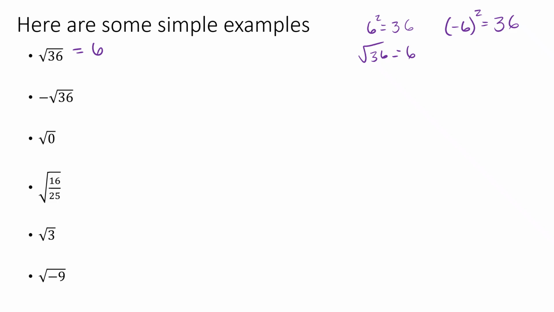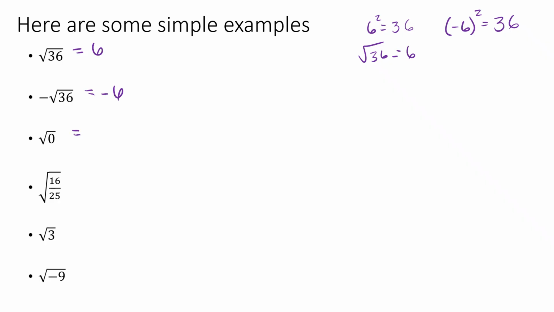So you don't answer that as negative 6. But there are times when we do need to remember that, and so we would end up putting the negative in front of the radical. In fact, most of the time it'll end up with this plus or minus symbol in front of it. And this would be our way of getting the negative 6.